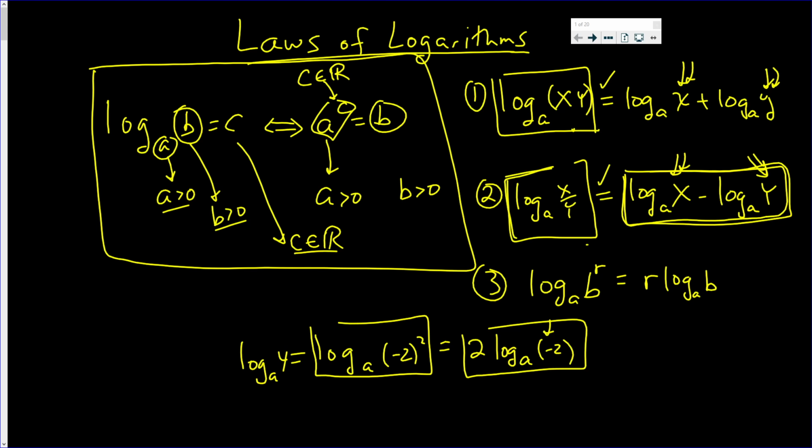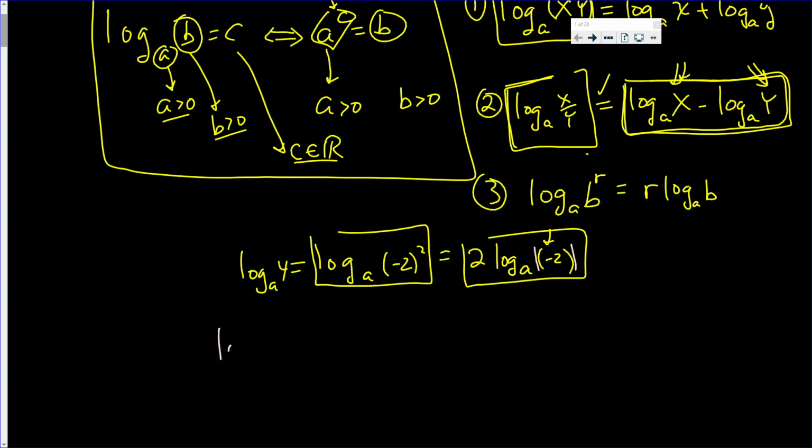Now, just for the record, you can always get around these problems by putting absolute values. That is, the log of x times y, regardless of what the base is, is the log base a of the absolute value of x plus the log base a of the absolute value of y.